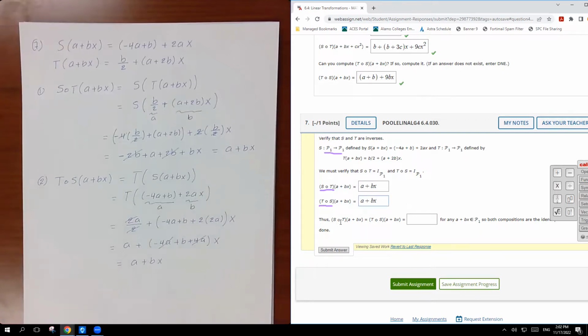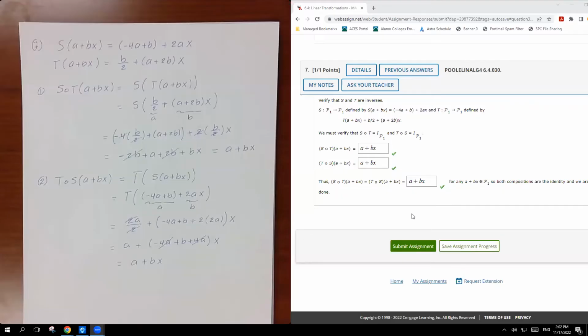They're telling you thus this one is equal to the composition between T and S, which is equal a plus bx. That's it for this example. You got it right. This is section 6.4.